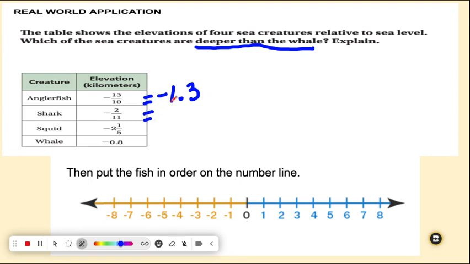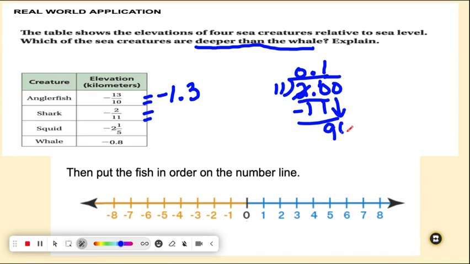The shark, negative 2 over 11. So that one I need to divide out. 2.00. I can write as many zeros as I need to. Bring up the 0. 11 can't go into 2, but 11 go into 20. How many times? 1 time. Subtract. 10 minus 1 is 9.